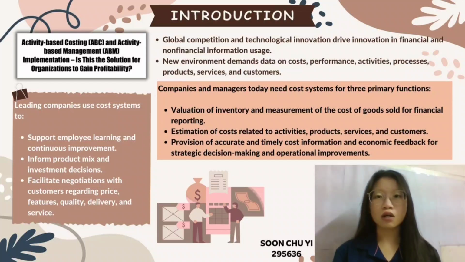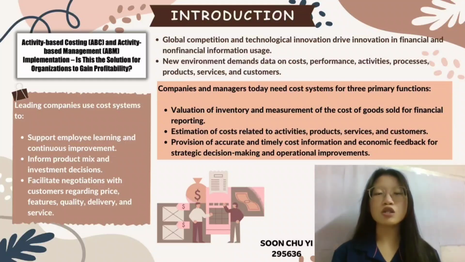Nowadays, companies and managers need cost systems to perform three primary functions. First, valuation of inventory and measurement of the cost of goods sold for financial reporting, because of the external circumstances with investors, creditors, regulators, and authorities.